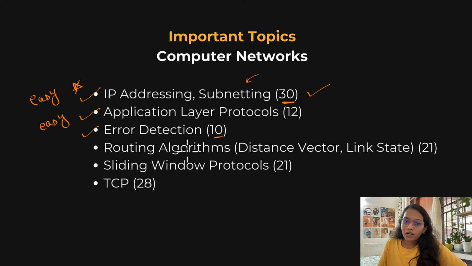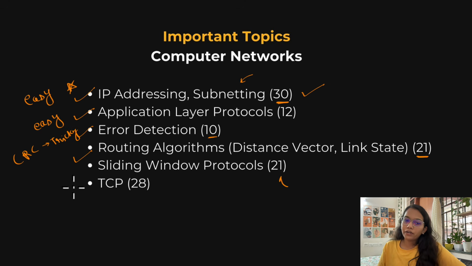The next is routing algorithms, distance vector routing, link state routing and all. From here 21 questions came till now. The next is sliding window protocol. From sliding window protocol there were 21 questions till now. You have to study about flow control policies to answer the questions from sliding window protocol.